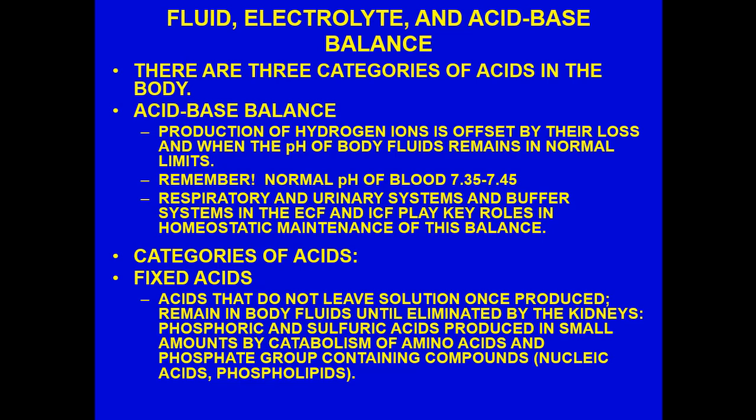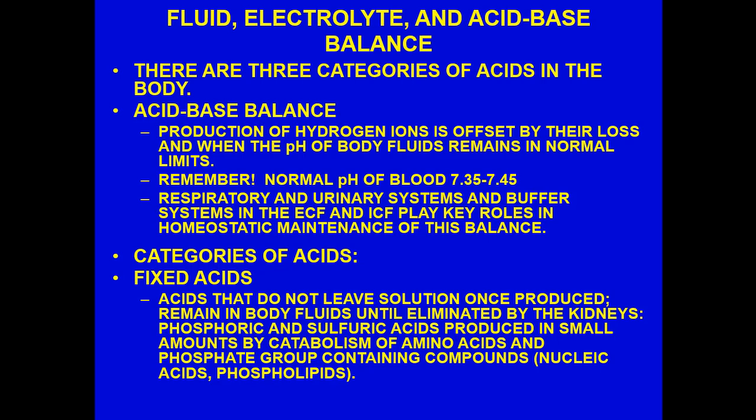Now, we've moved from fluid to electrolyte, and now we're going to move into acid-base balance. There are three categories of acids in the body, okay? And when we talk acid-base balance, this is the production of hydrogen ions is offset by their loss, and the pH of the body fluids remains in a normal limit.